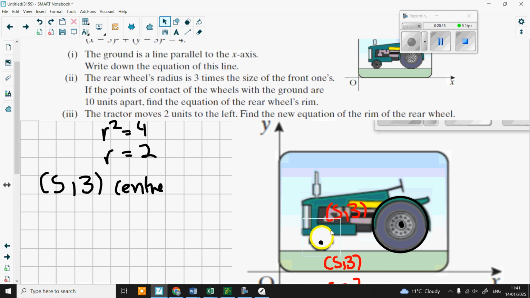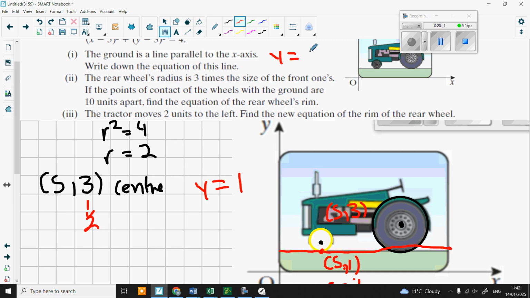The wheel can't dig into the ground, all right? So that means that you just drop 2 from y, don't you? So this point here would be 5, 1, which means level ground is the line y equals 1. Who got y equals 1?